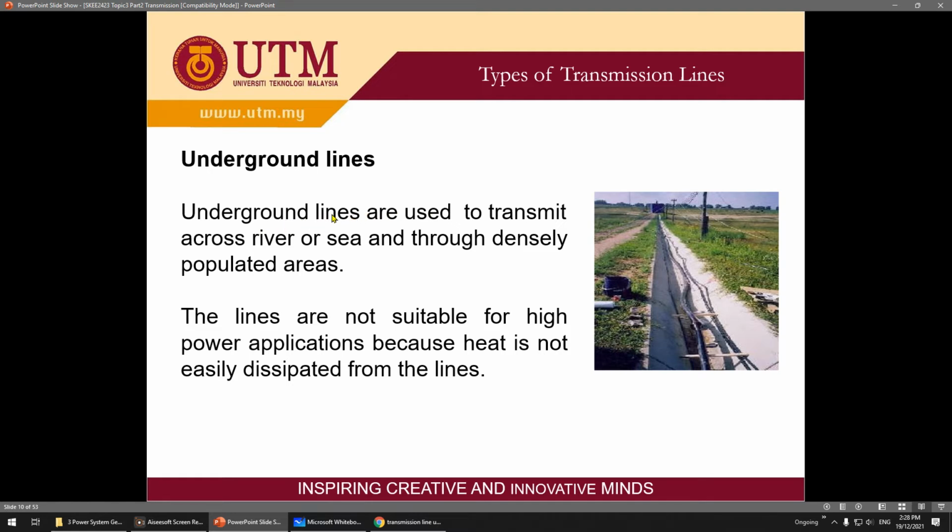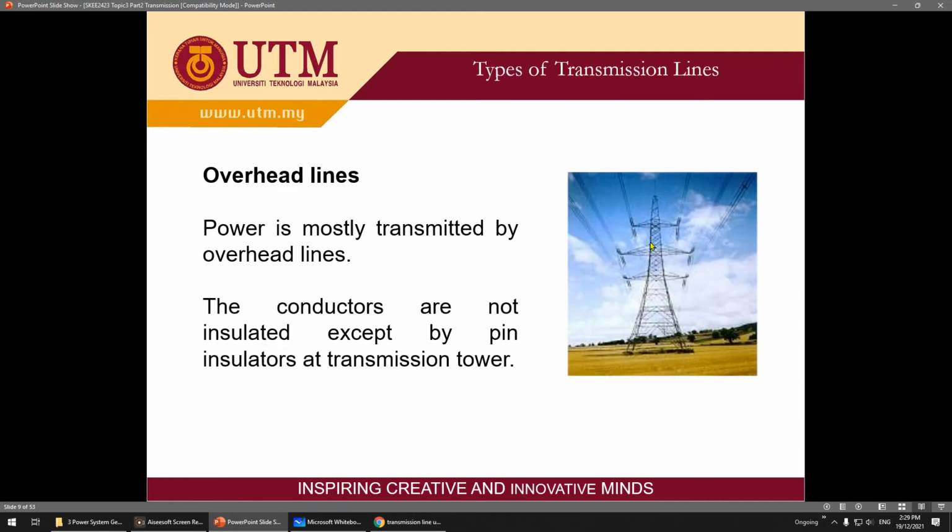This one is the underground lines. Underground lines are used to transmit across river or sea or through densely populated areas. So if you have a high building in a populated area, or you have a sea here, overhead line is not suitable, because if a tree or building gets close to the line, it can short circuit, since it is also at earth potential, and people can get electrocuted.